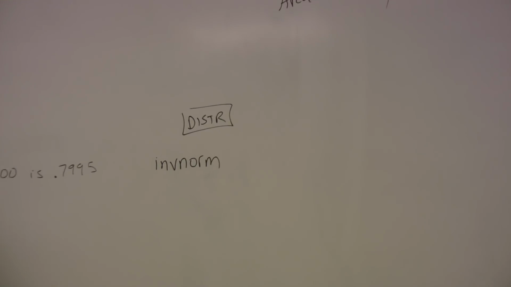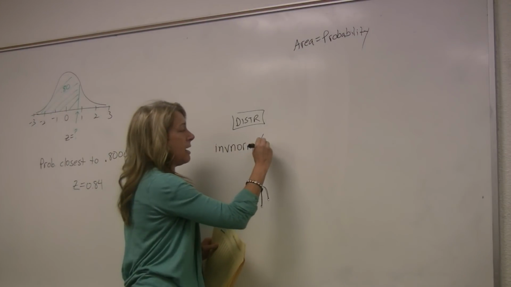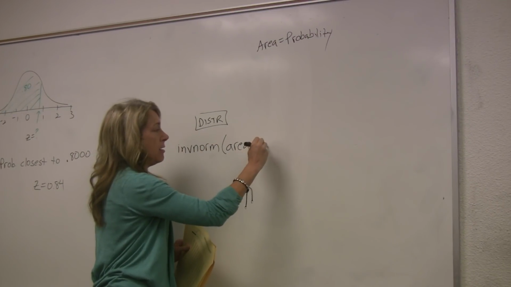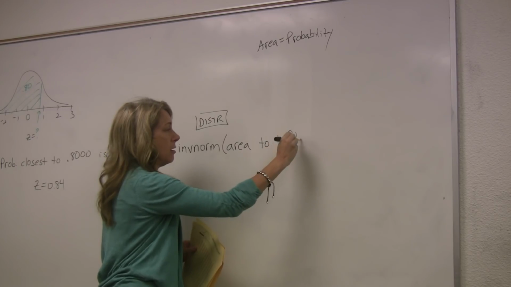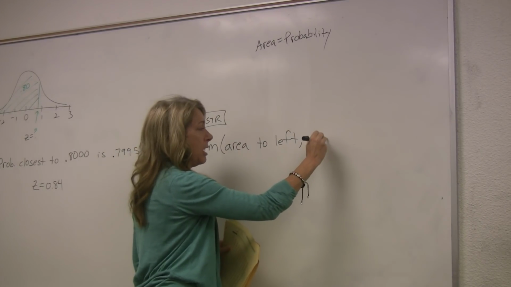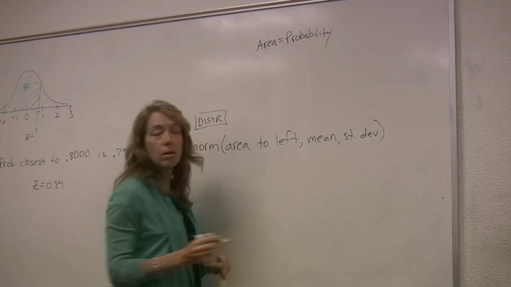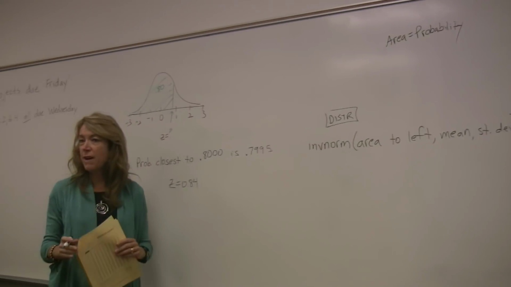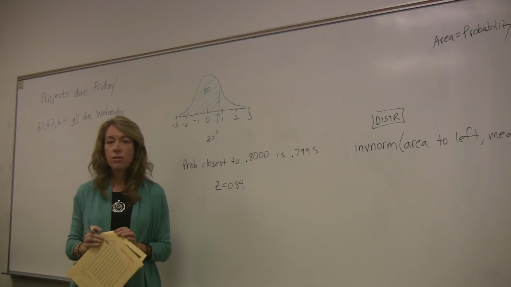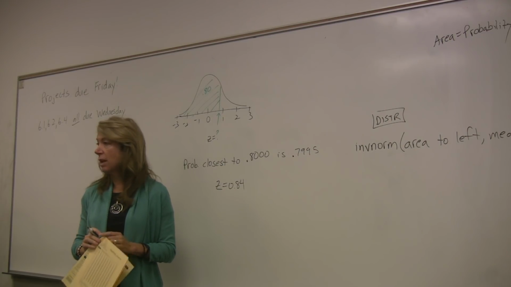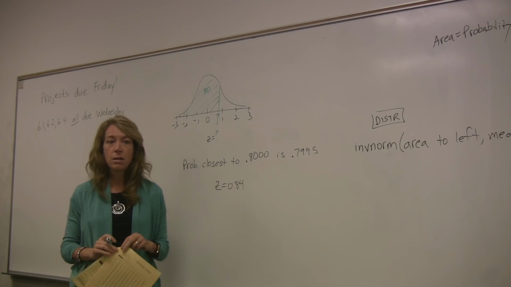When you do inverse norm, you have to tell it the area to the left, the mean and the standard deviation. Did everyone find the inverse norm function on your calculator? If not, ask your neighbor or me to help you find it.